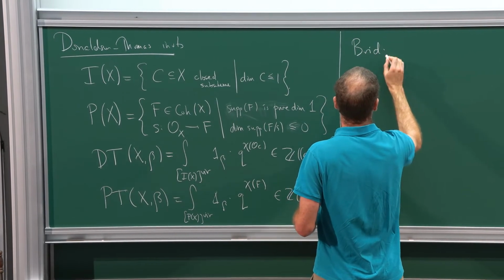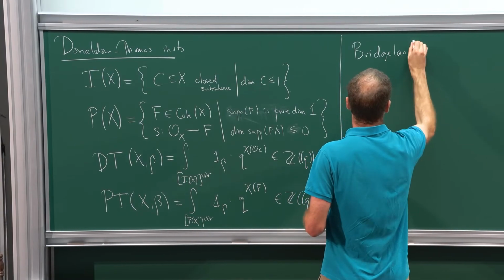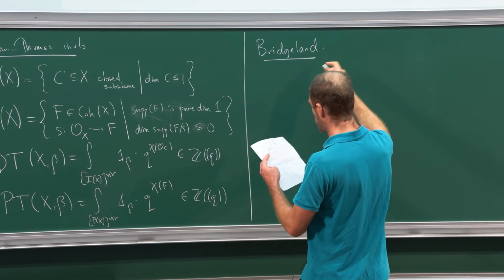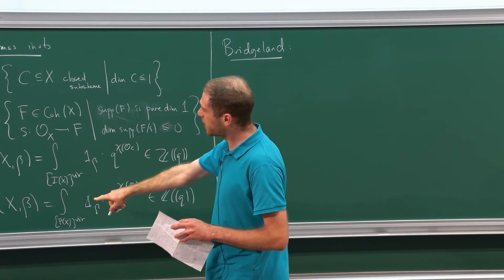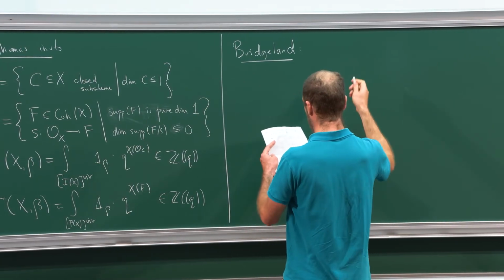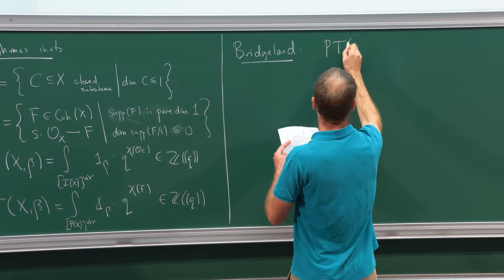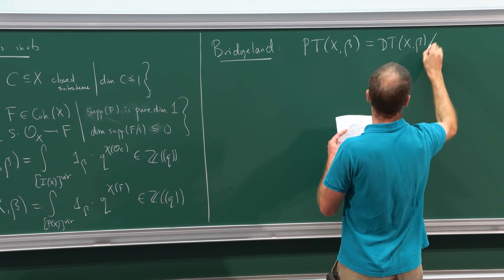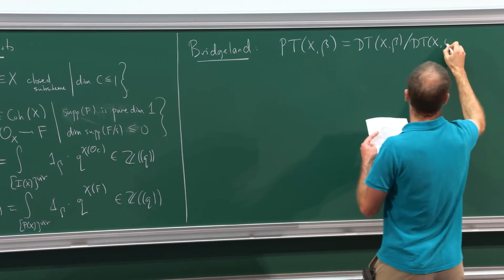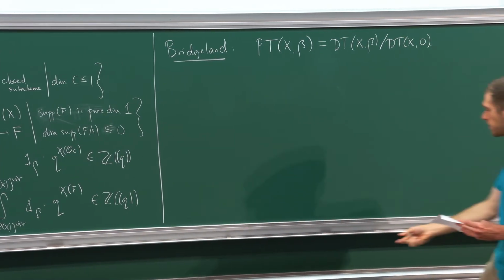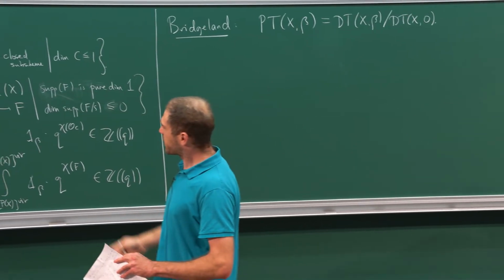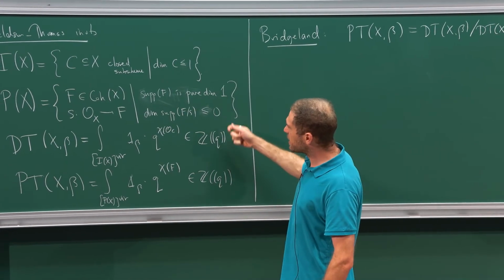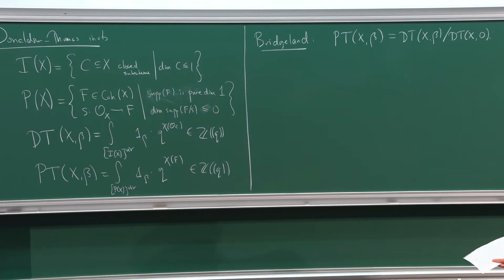So one first result in that direction is by Bridgeland, who proved that Pandharipande-Thomas and Donaldson-Thomas invariants are equivalent in the sense that those generating functions are related by this. Now this is a very difficult theorem, but at least you have somewhere to start, since these 2 invariants come from the same world.